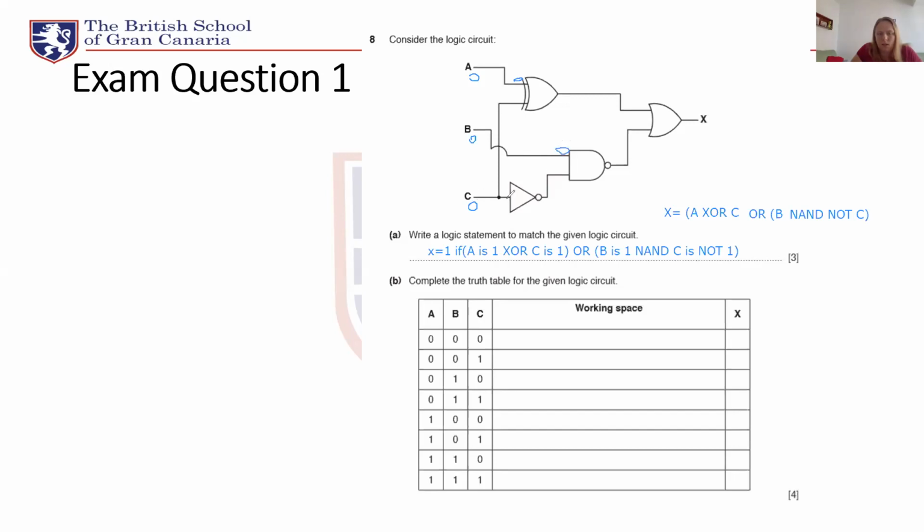Then we've got C, where the input is 0 here, and obviously up here as well, because it's joined by the junction. Now with a NOT gate, we know the opposite happens, so that's going to be a 1 there.